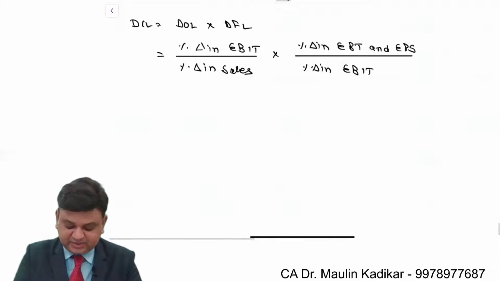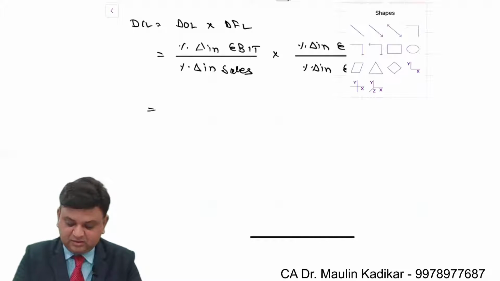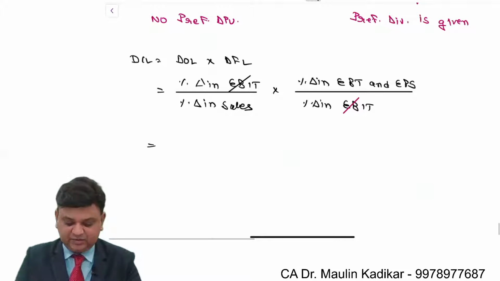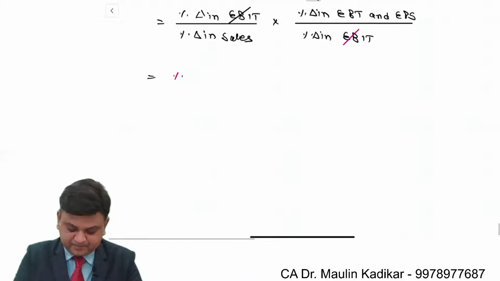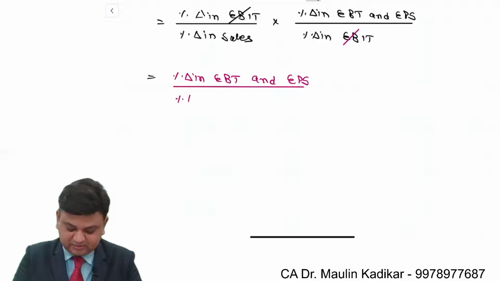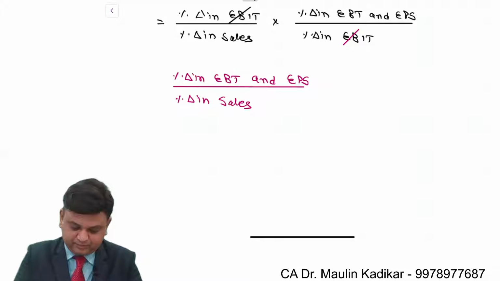So the percentage change in EBIT will be cancelled. And with DCL we will be able to measure the percentage change in EBT and EPS for every 1% change in sales. This is the way we can have a formula.